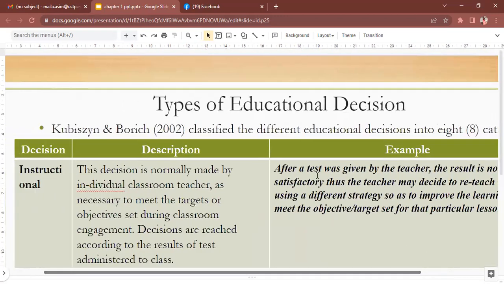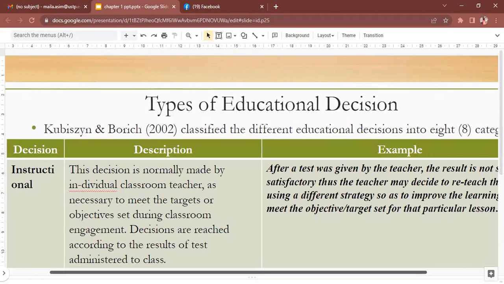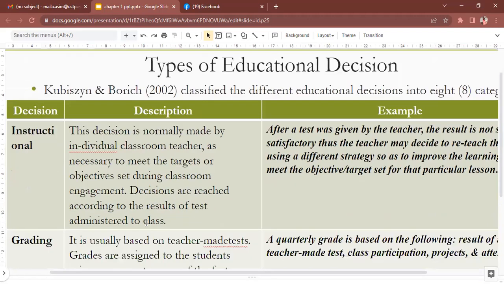So we now have the types of educational decision. These are still important to help us arrive at a decision and know what decision I am making inside my class. Okay, first is instructional decision. What is instructional decision?